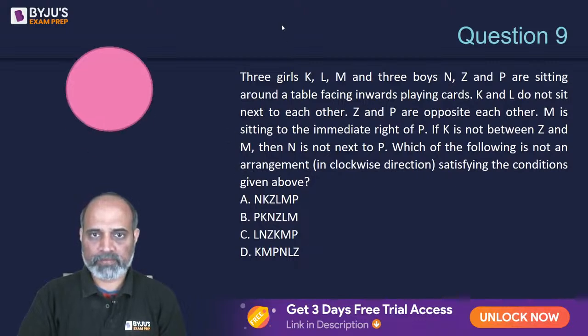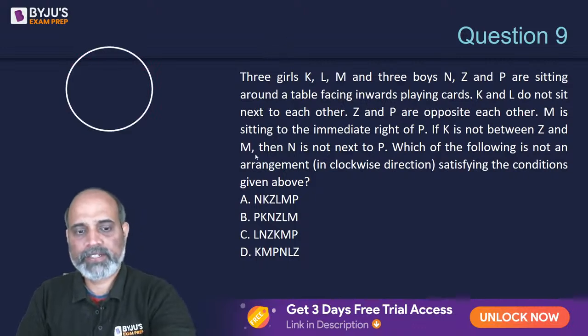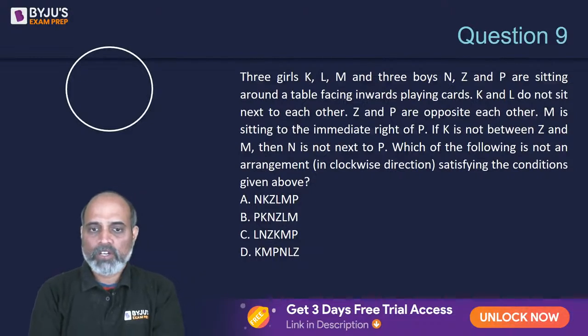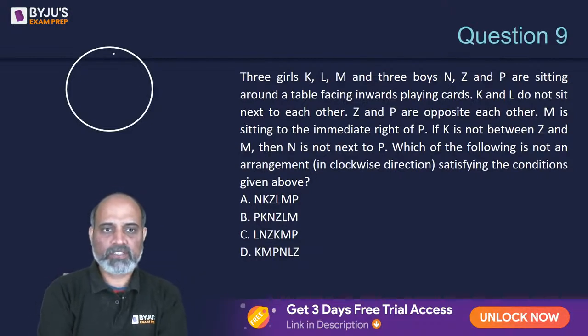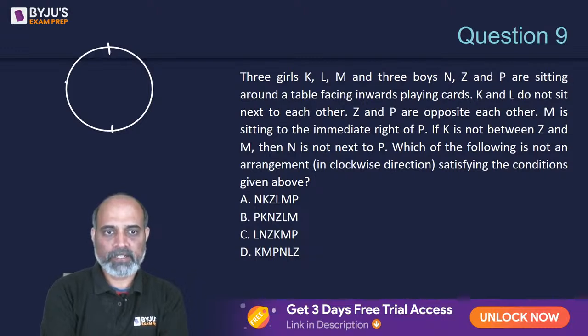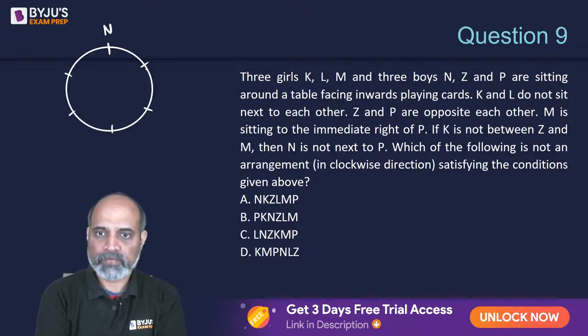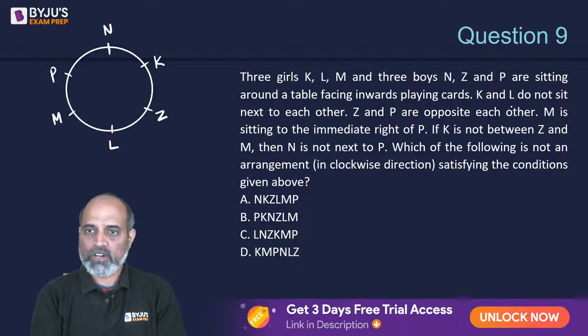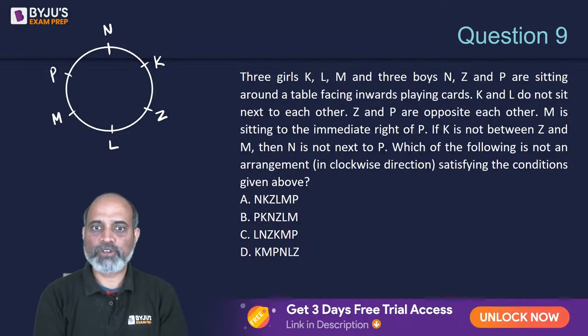Okay, so I'll remove the fill and make it white. So 6 people need to sit, right? So the first one is clockwise. First option, N, K, Z, L, M, P. Okay, first condition, K and L do not sit next to each other.